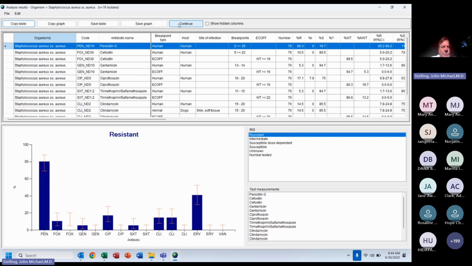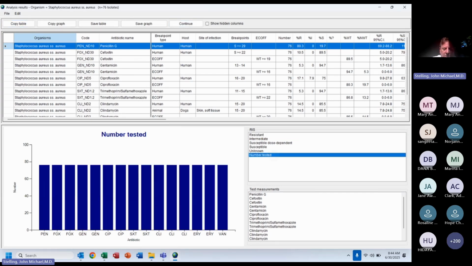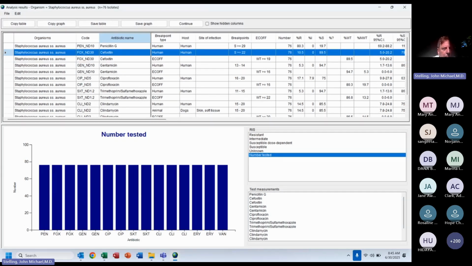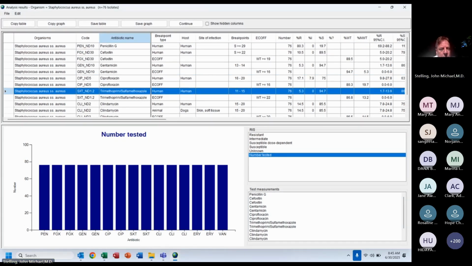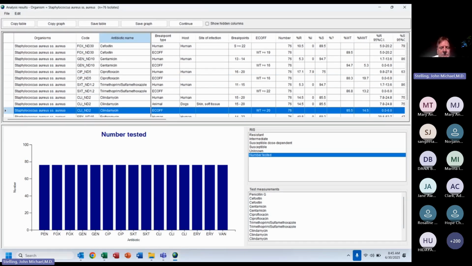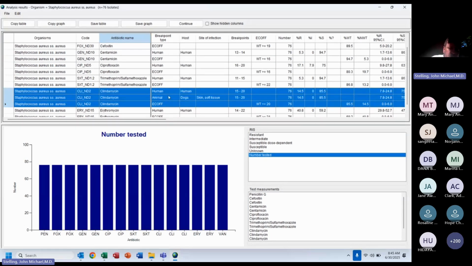This is the detailed report for Staphylococcus aureus. I'd like to start here with number tested. And for the gram-positive, I see they test every antibiotic every time. I can also see, for example, clindamycin 3 times. We have the human breakpoints and the dog breakpoints. In fact, in this particular example, they're the same breakpoints.